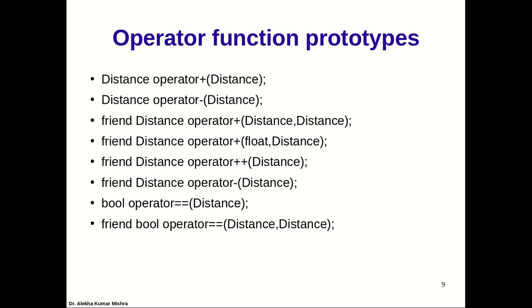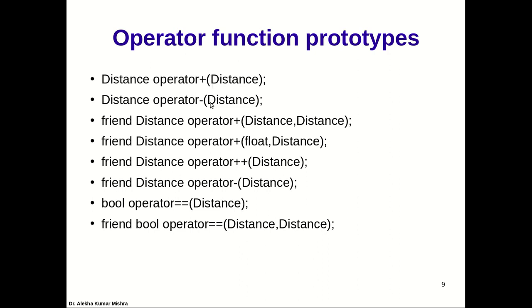The first one is overloading the plus, and it's a member operator function. It must return a value, and it takes only one argument, because the left hand side operand is automatically passed. When I write a plus b, that means a is invoking this particular function. So a is automatically passed and b is passed as the argument.